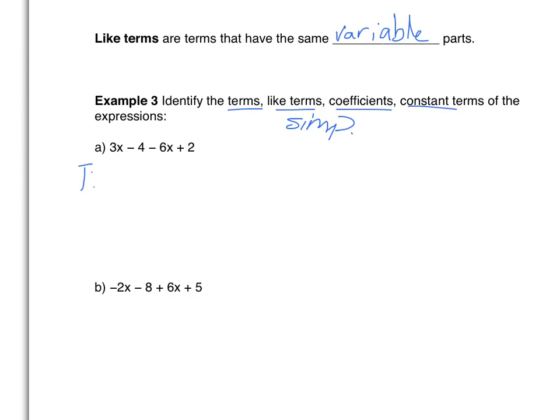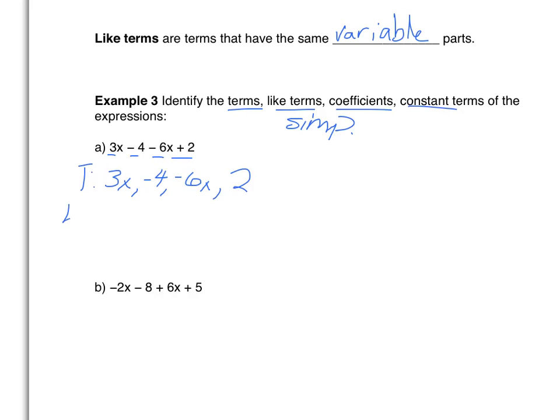So my terms, what I want are all the individual components of this. Now when I write out my terms, I need to keep whatever sign it is. So the 3x is positive, I'm just going to write positive 3x. That 4 has a negative sign in front, I have to write -4. The 6x has a negative sign, I have to keep it with it. And the 2 is positive, so there it is.